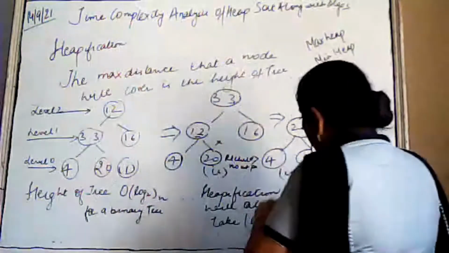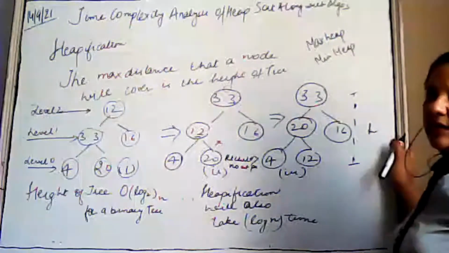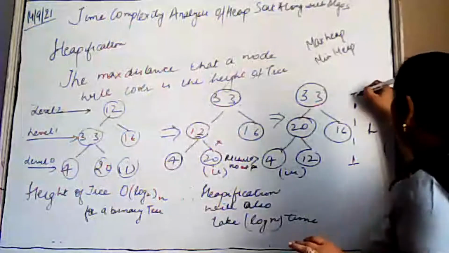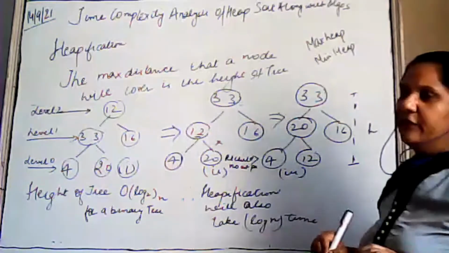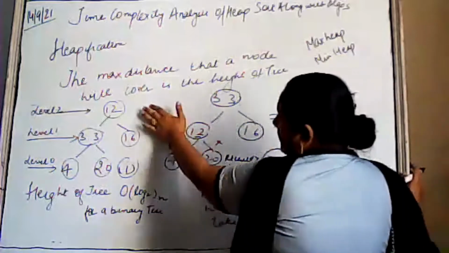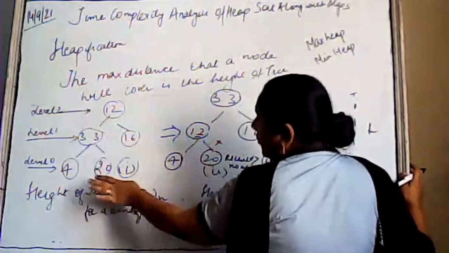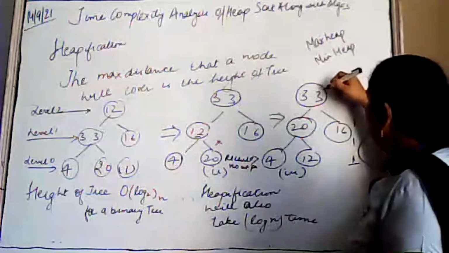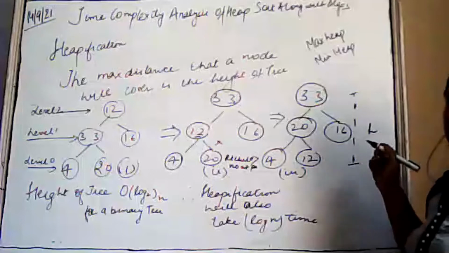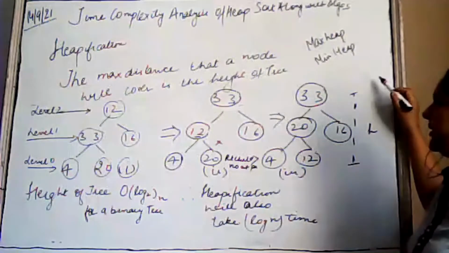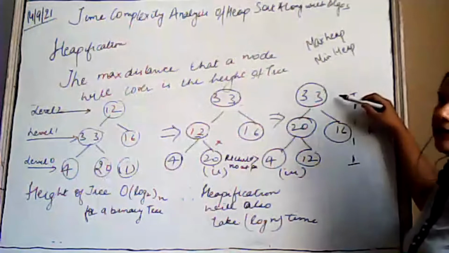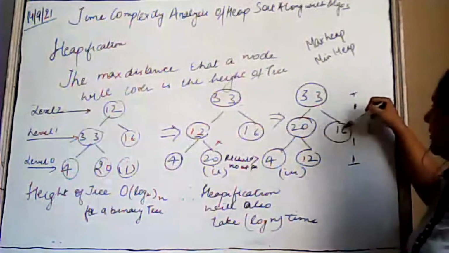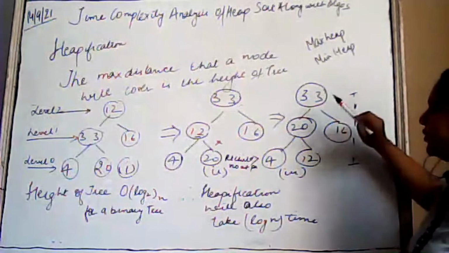The maximum distance covered by any node for heapification is the height of the tree. We started from the node 12 and moved down till the last child, and we kept on swapping until we satisfied the heapification property, that is, every parent is greater than its child nodes. 33 is greater than 20 and 16, and 20 is greater than 4 and 12.